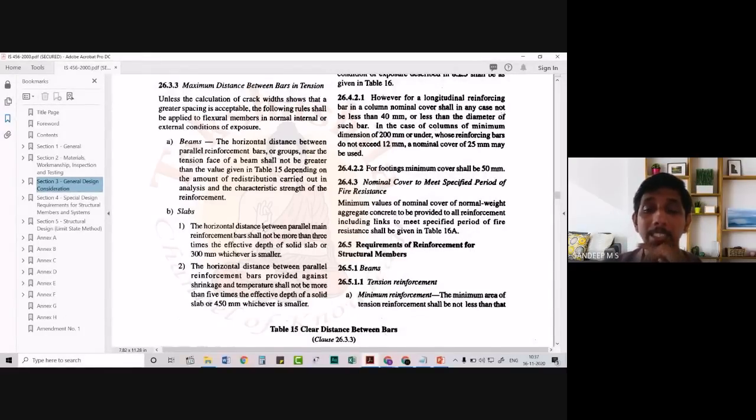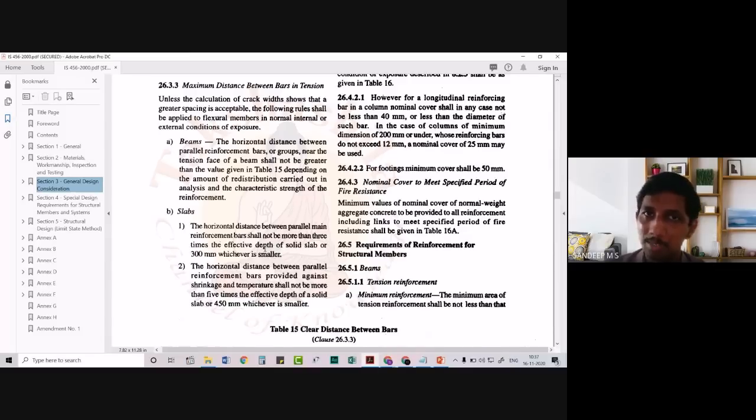The horizontal distance between parallel main reinforcement shall not be more than 3 times the effective depth of solid slabs, or 300 millimeter, whichever is smaller. As a check, after finalizing the spacing, you just calculate 3 times your effective depth, 3 times your small d.